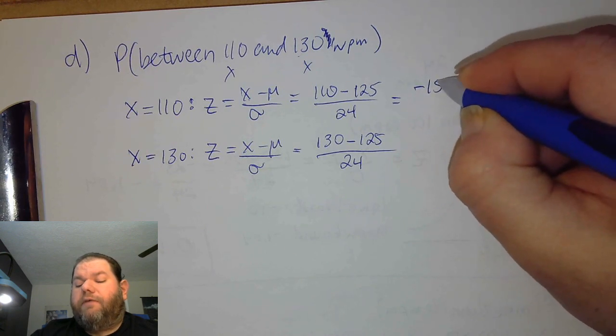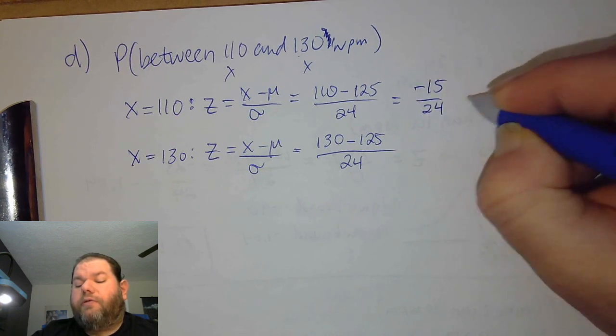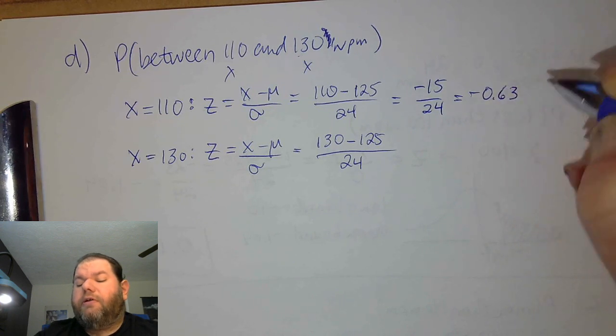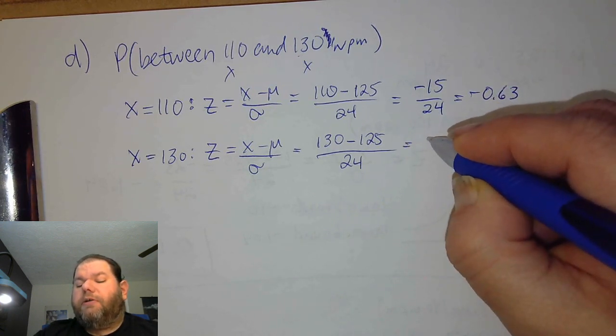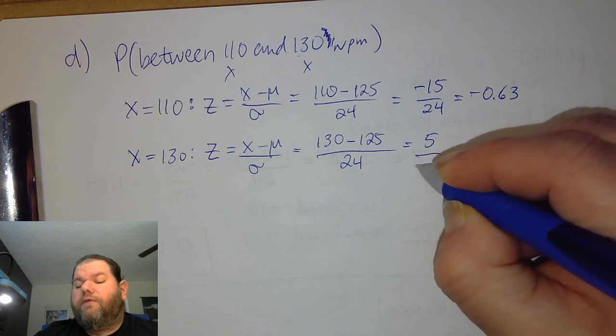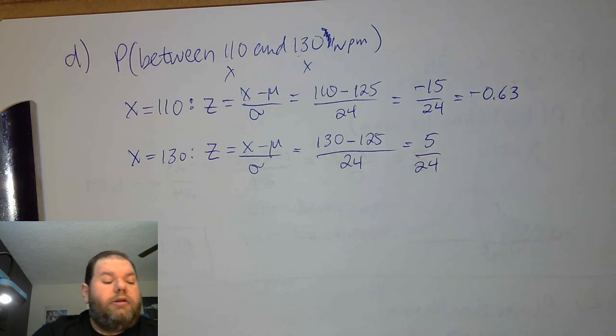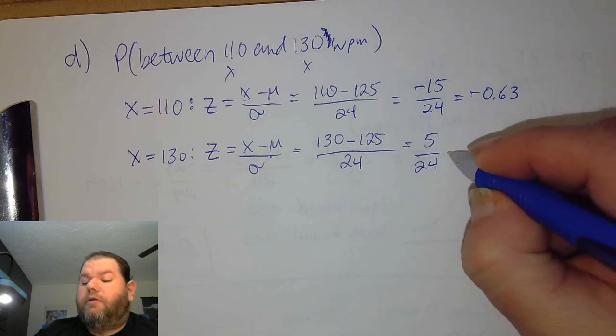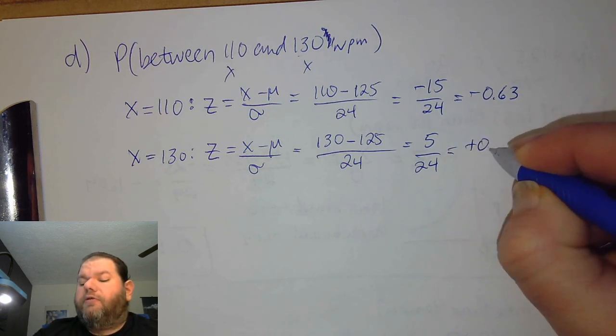This is negative 15 over 24, which is negative 0.63. And this one will be 5 over 24, which is not as exact. We'll make that one positive 0.21.